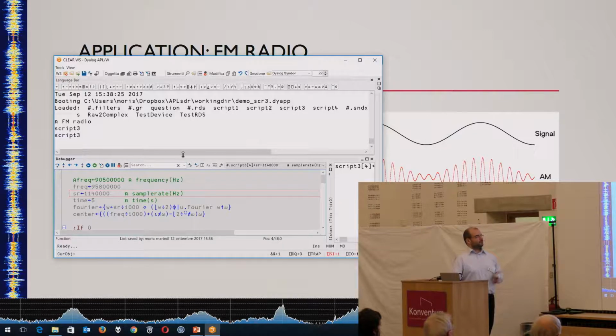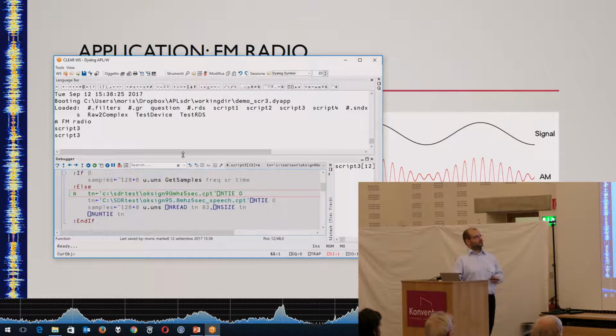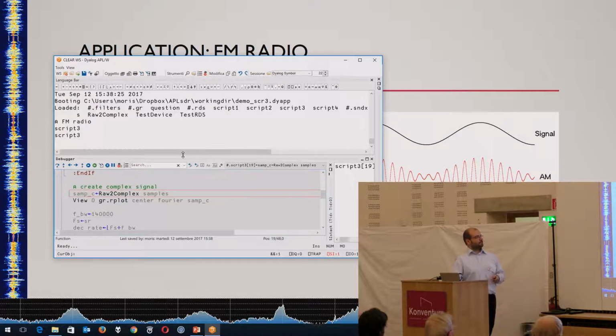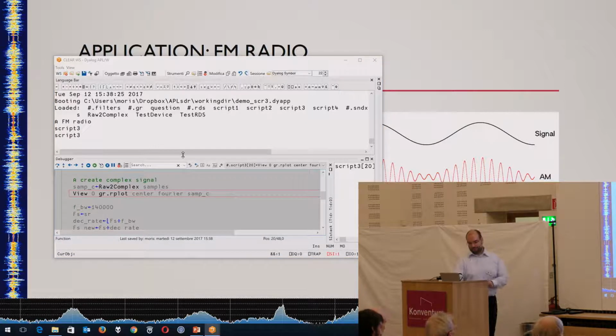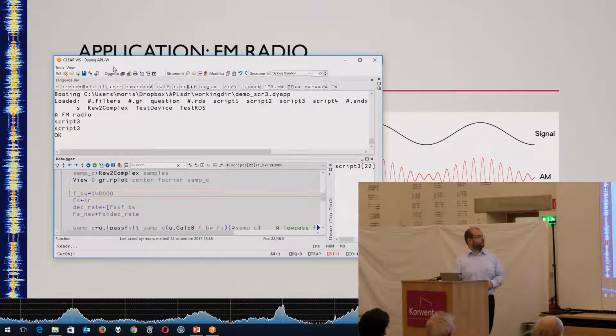As before, these are the frequency, sample rate, and time that I've used, but the signal is pre-recorded. I'm converting the two signals, the couples, to a complex form. The graph of the signal.